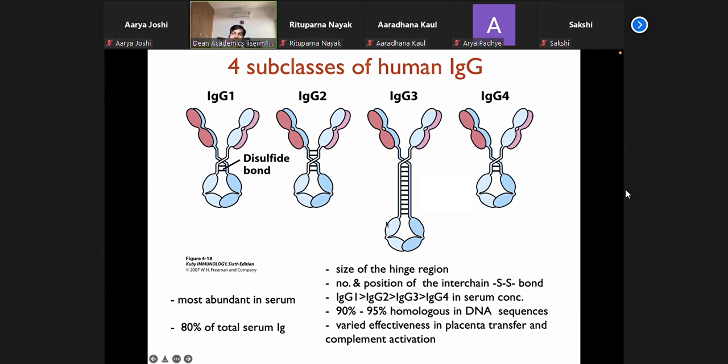There are three types of epitopes or antigenic determinants that you find in an antibody molecule. We'll talk about that in a separate slide. Yes. Right, sir. Yeah.